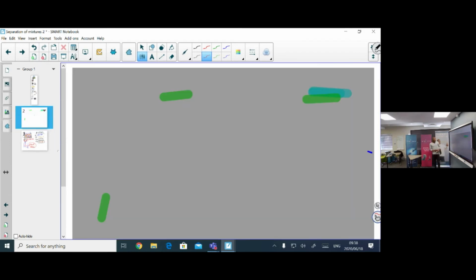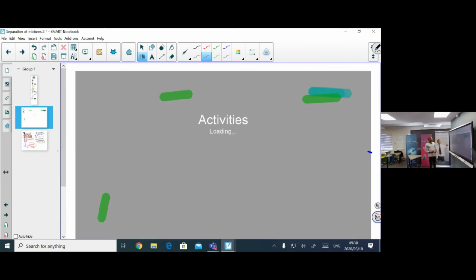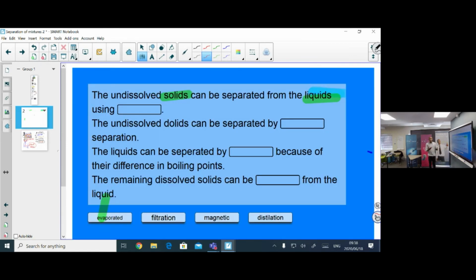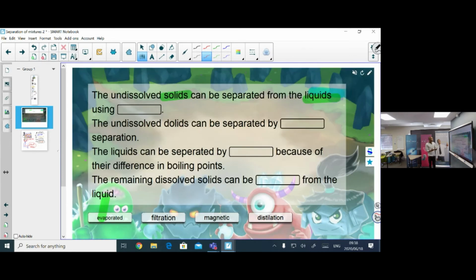So now the question is saying, now that you have these solids, which are sand and iron, how do you separate those two? What can you do to separate these?